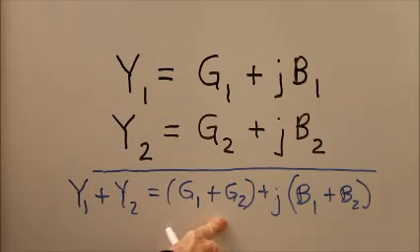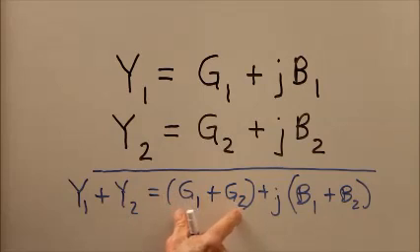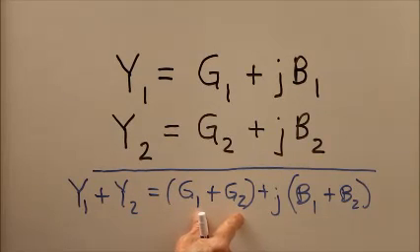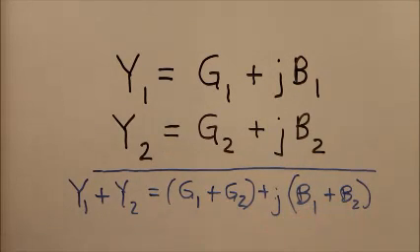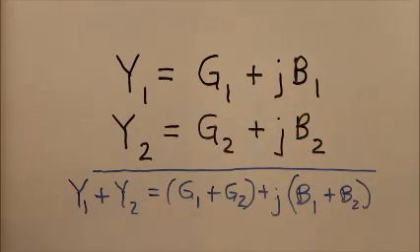I added these extra parentheses here, even though they're not technically necessary, just in order to isolate the conductance part from the susceptance part. And of course, if you add these, you can factor the j out. That's what you get. That is the general formula. It's really quite straightforward when you think about it. You just add them.